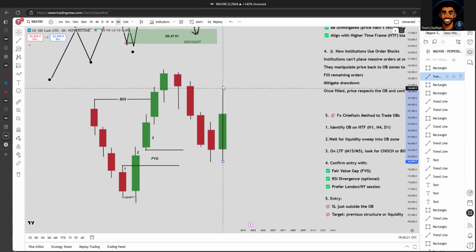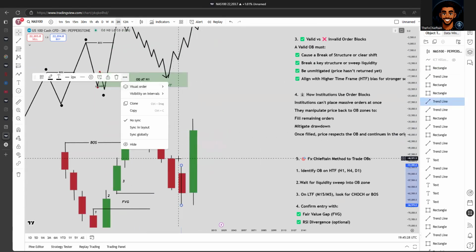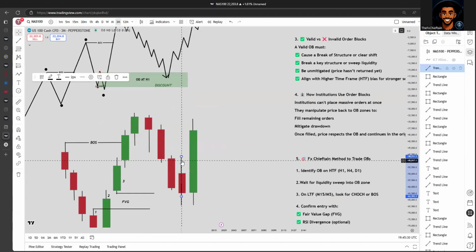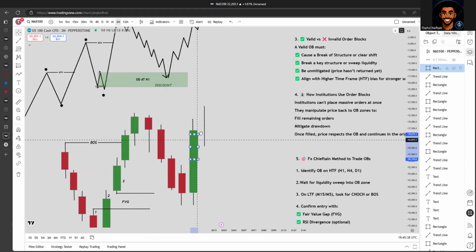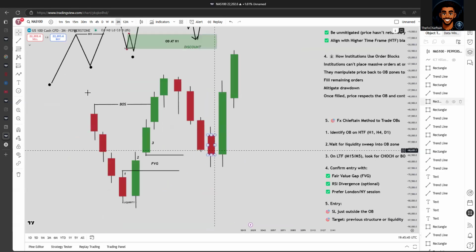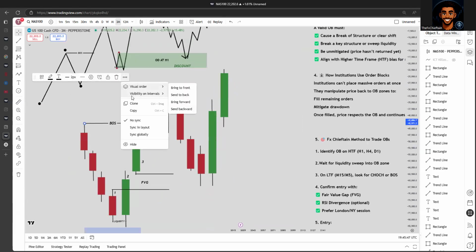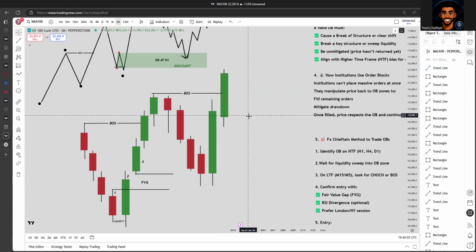Then another aggressive move comes out again, following it and making structure even higher to the upside. In this sense, this one has broken another structure, right? So this is how it looks.